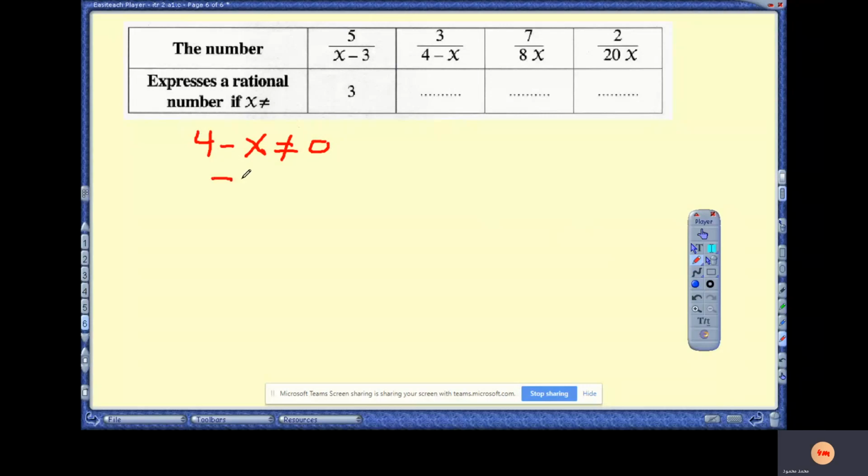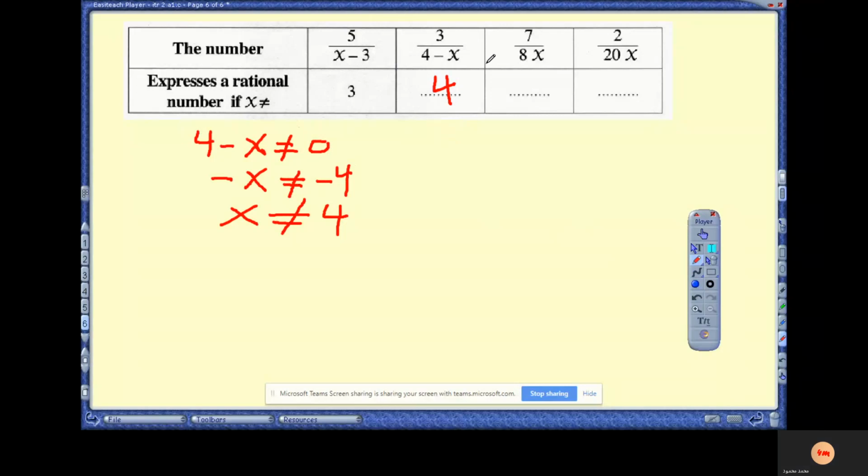Then it will be negative x not equal 0 minus 4, which is negative 4. Then x not equal 4. Here you can put 4 now.